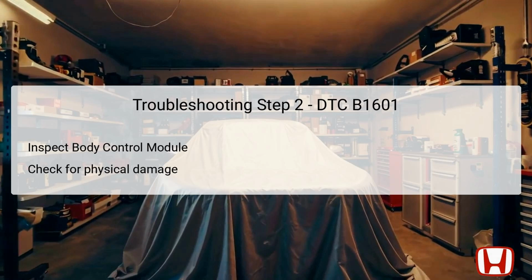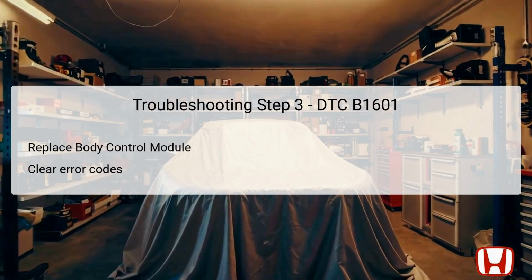Any such deficiencies can lead to communication failures, resulting in DTC B1601. It's essential to document any abnormalities found during the inspection, as these can guide subsequent actions, including possible replacement or repair. This step reinforces the value of the BCM in maintaining the vehicle's electronic systems effectively.